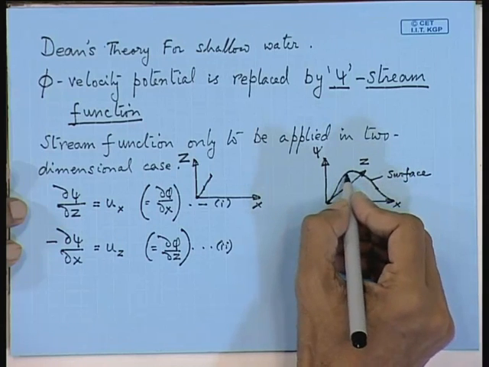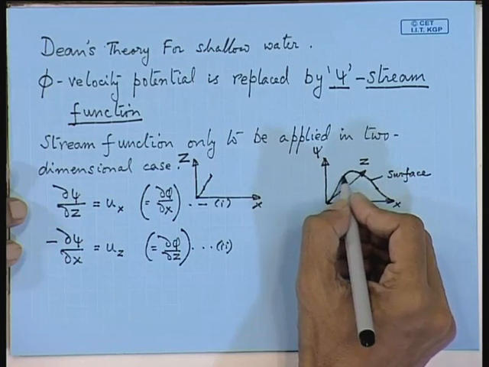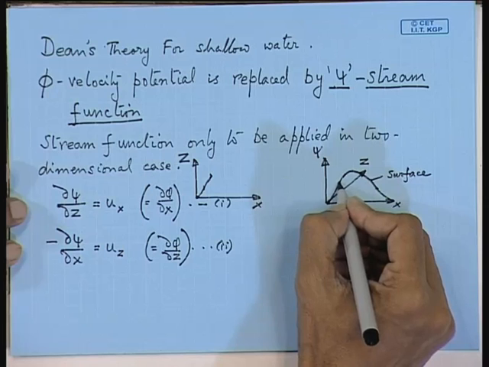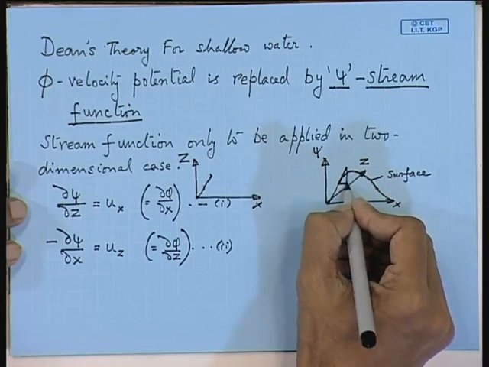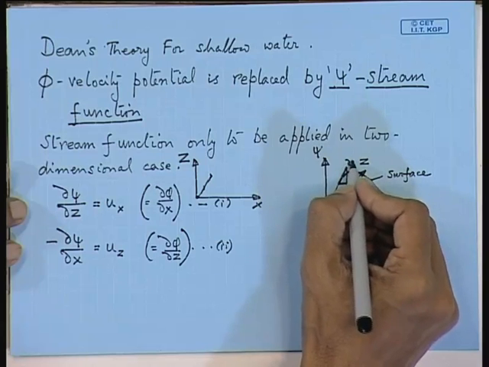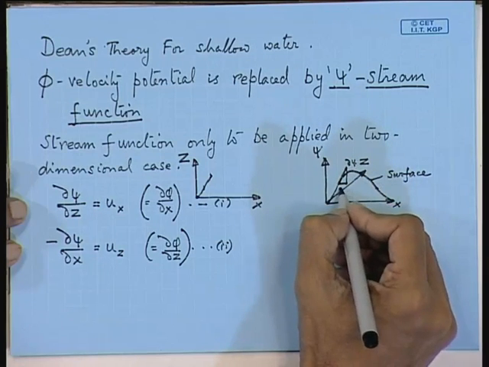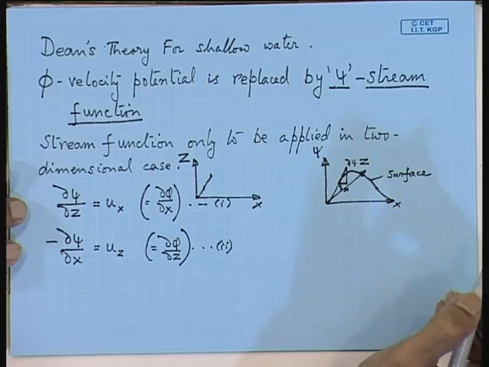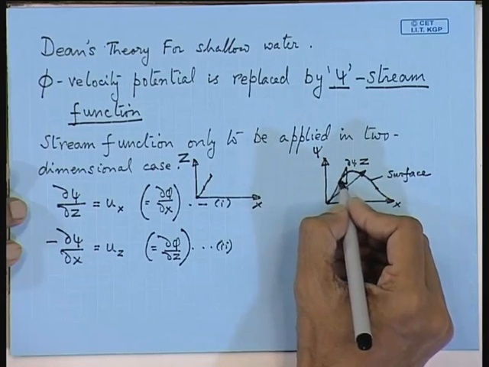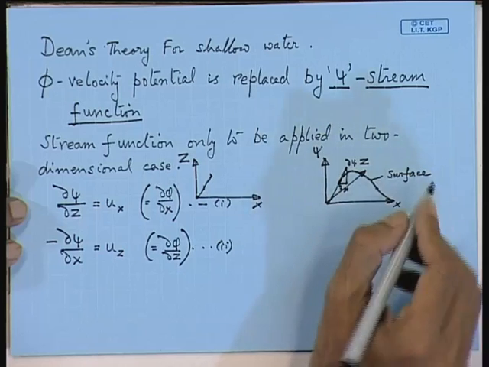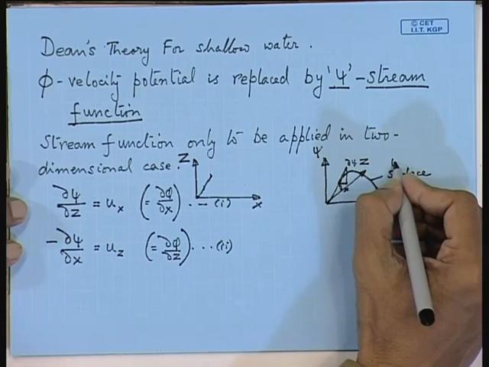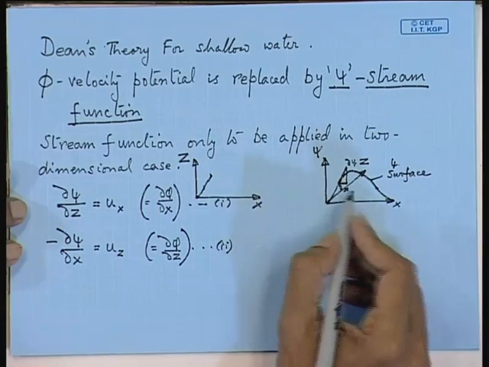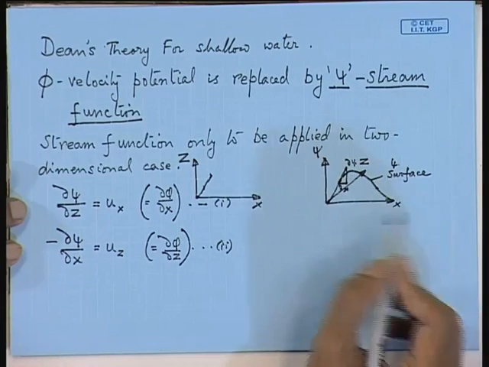So, that means you take from this curve a straight line and say this is your del psi and this distance is del x. So, this is actually the slope of the psi surface.